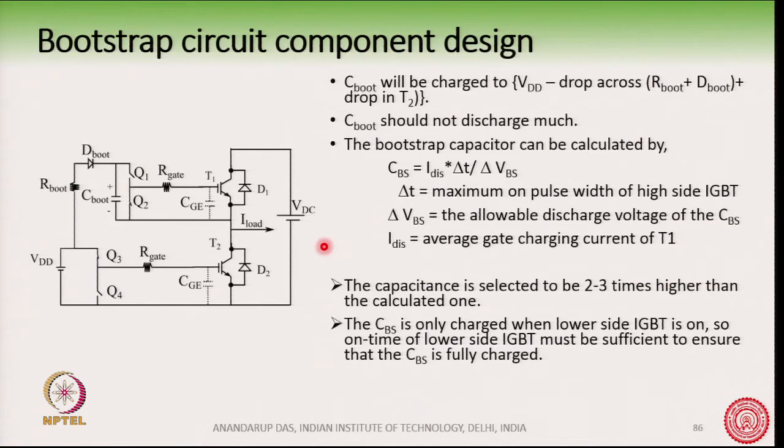So, the first thing before you can really start the converter is to charge this C boot to the VDD value. Initially you will turn on this device and charge this C boot to a certain value, and only then can you start your operation of the converter.